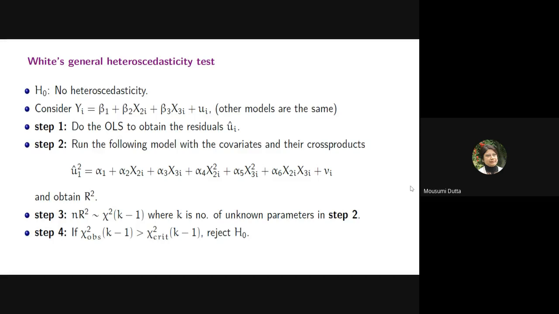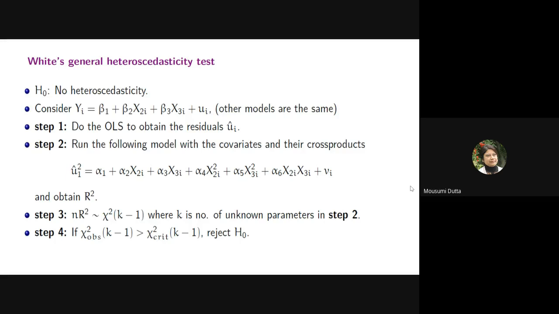Now, for all the tests of heteroscedasticity, the null hypothesis will be no heteroscedasticity. As I mentioned in the beginning, in the entire regression analysis we consider zero-type hypotheses. When we check the significance of the coefficient or whether there is interrelation between y and x, we consider a zero-type hypothesis, that is no relation, no explanatory capacity.